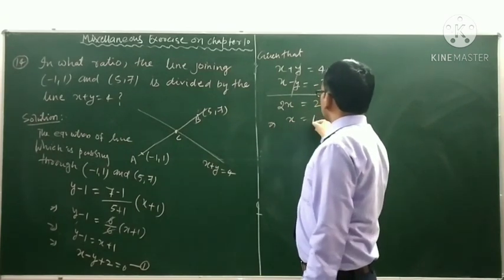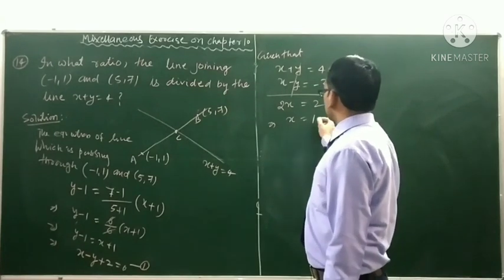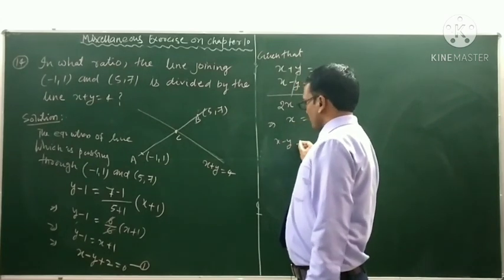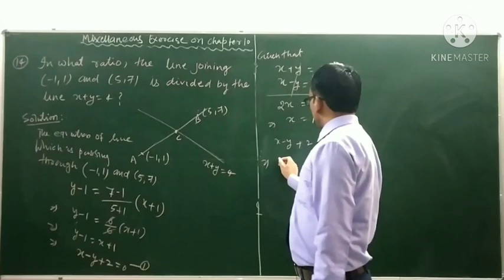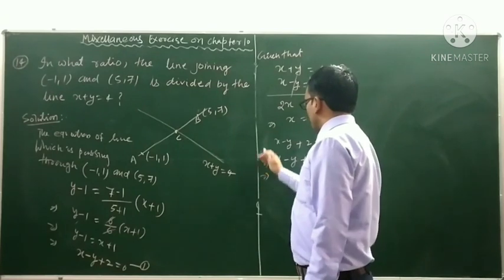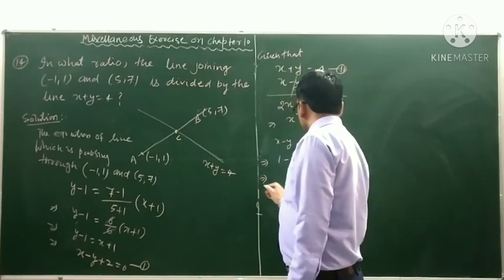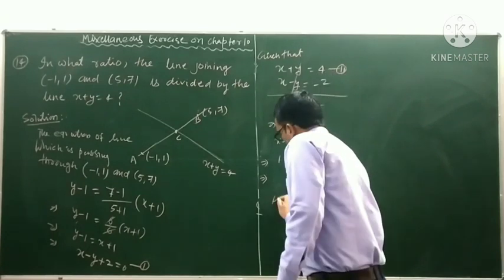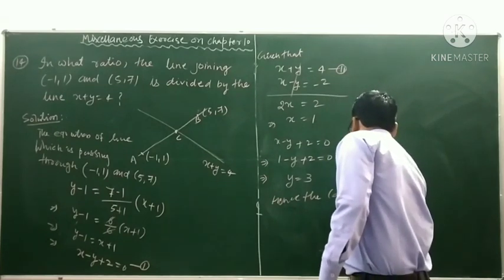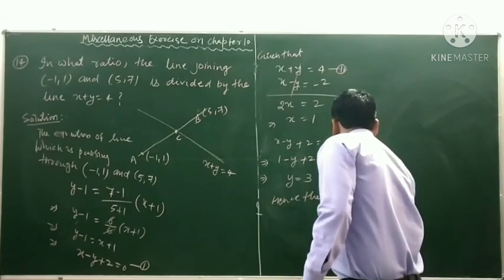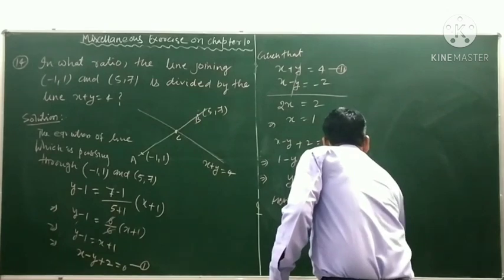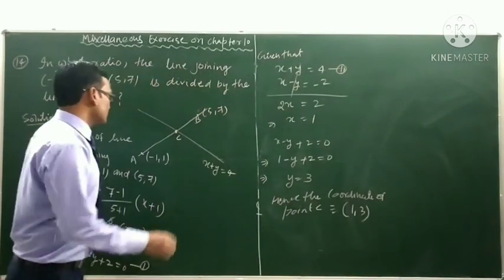This implies x equals 1. We put the value of x in equation 1 and find y. x minus y plus 2 equals 0, so 1 minus y plus 2 equals 0. This implies y equals 3. Hence the coordinate of point C is (1, 3).